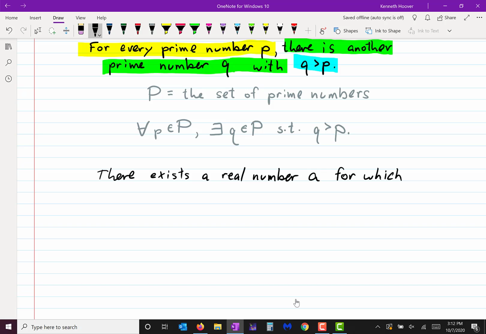With was another way of saying such that. Okay, for which a plus x equals x for every real number x. How can we write that in symbols?